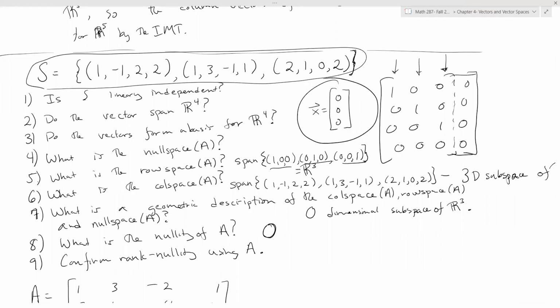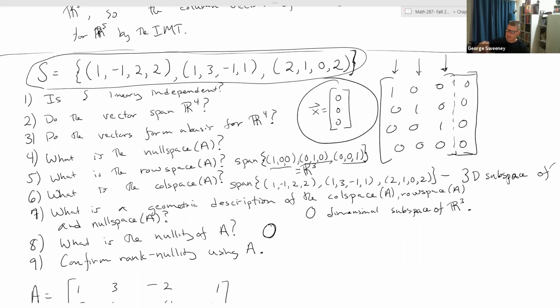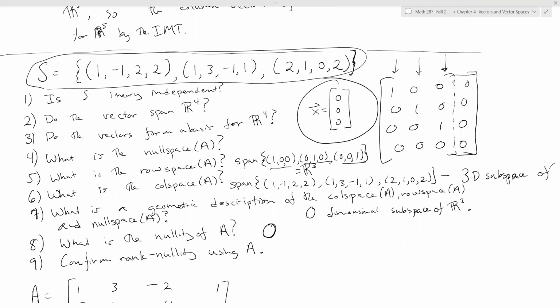But why is it that if the null space of A equals 0, the nullity of A equals 0? By the IMT? Not exactly. It's even more closely related.